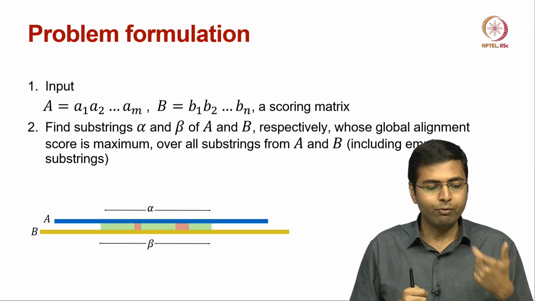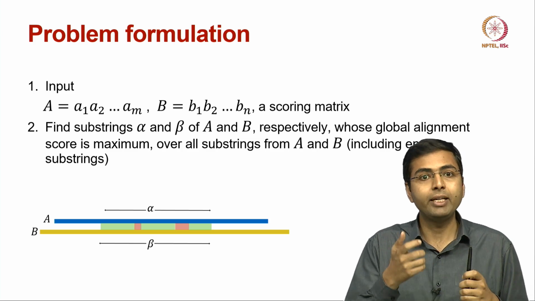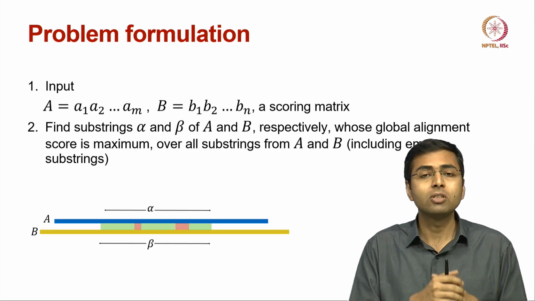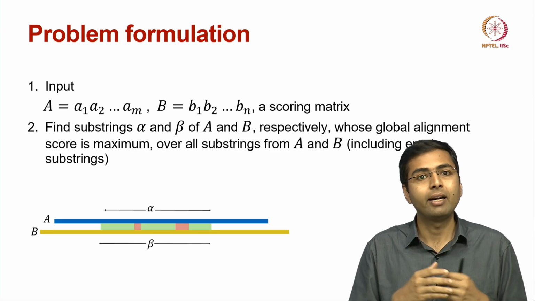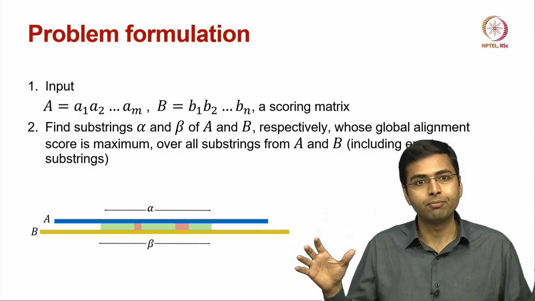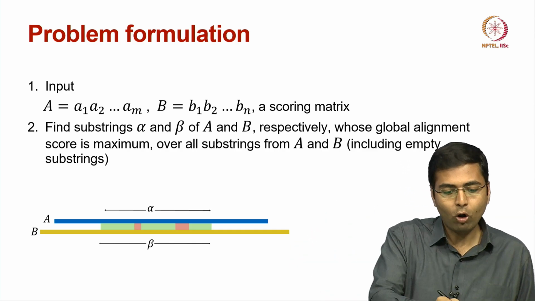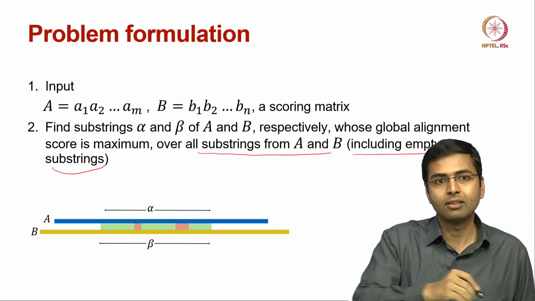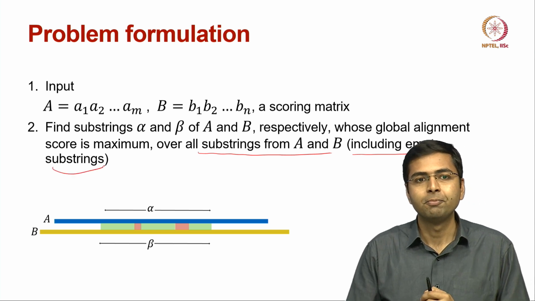The problem is to find substrings alpha and beta of A and B respectively whose global alignment score is maximum over all substrings of A and B. And when I say all substrings of A and B, this also includes empty substrings.